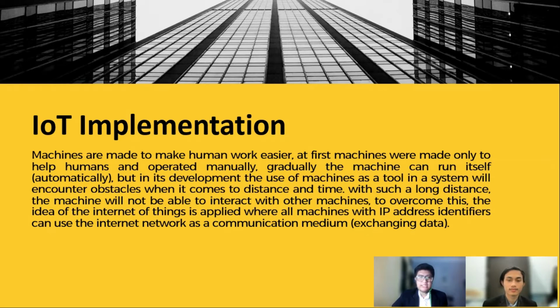With a long distance, the machine will not be able to interact with other machines. To overcome this, the idea of the Internet of Things is applied, where all machines with IP address identifiers can use internet networks as a communication medium for exchanging data.